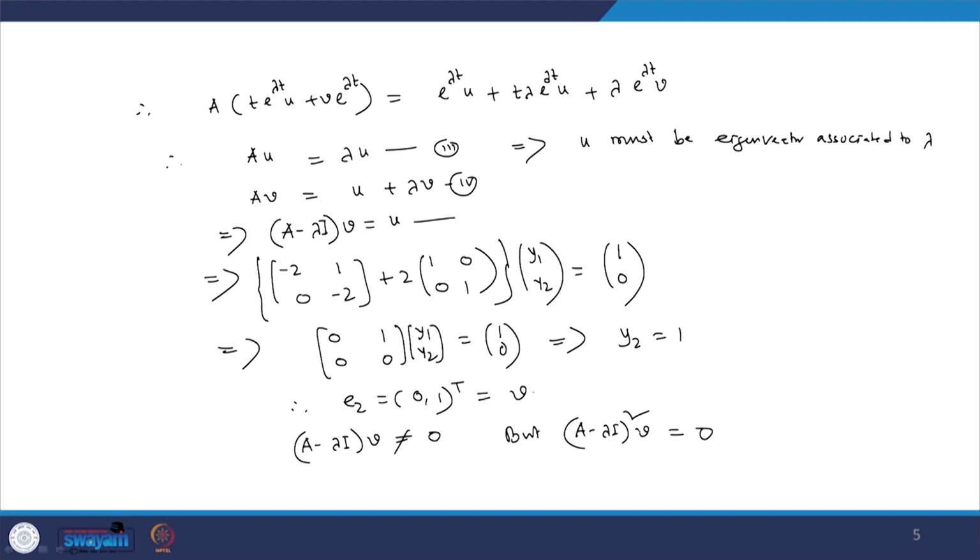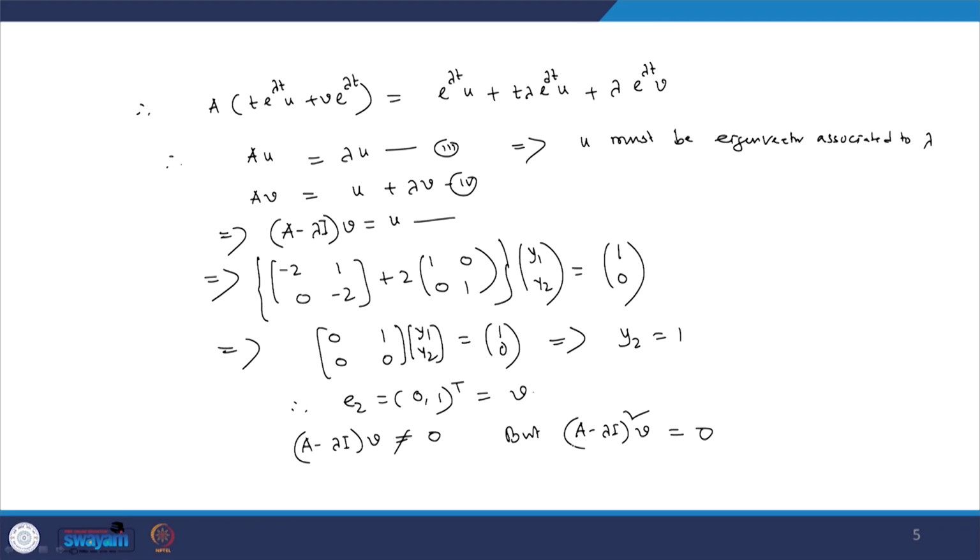Why does (A minus lambda I) whole square operating on v equal 0? Because for this matrix, the characteristic polynomial is exactly equal to the minimal polynomial, which is equal to (x minus lambda) whole square, where lambda is equal to minus 2. So, therefore, any element in the space R2 will be basically annihilated by (A minus lambda I) whole square.